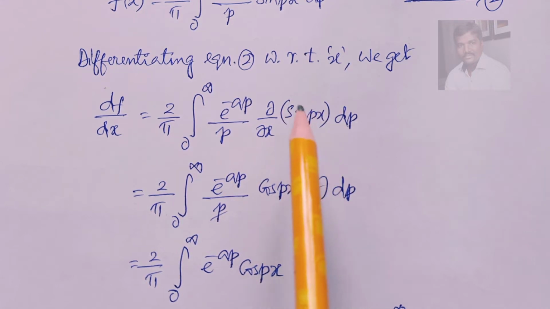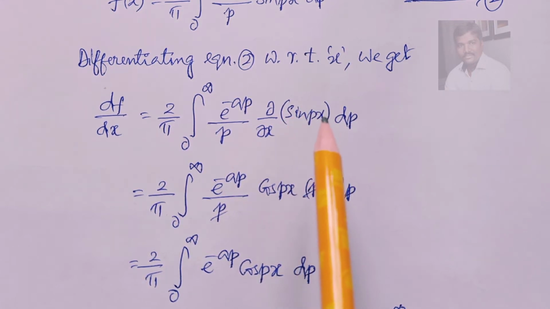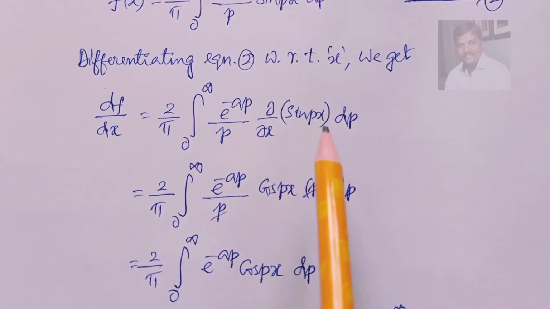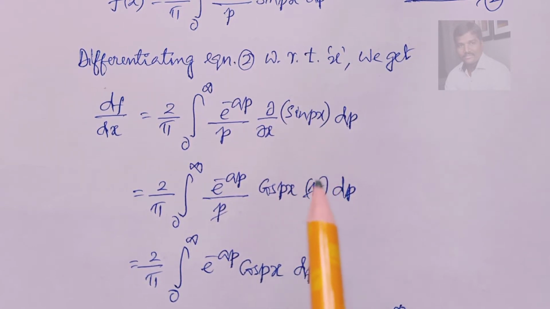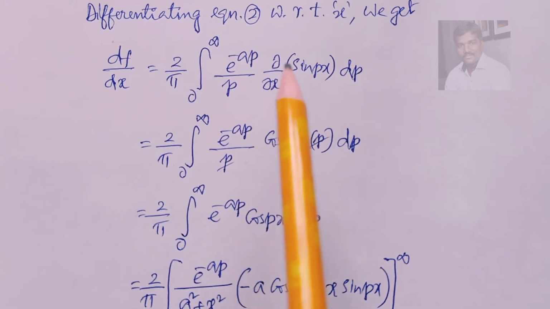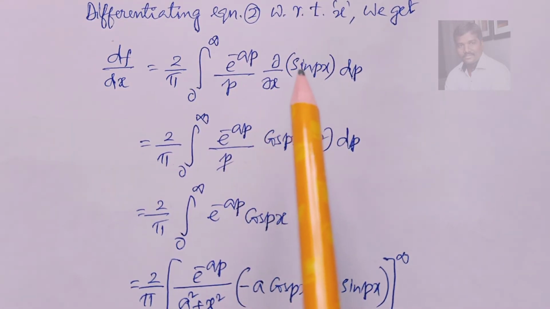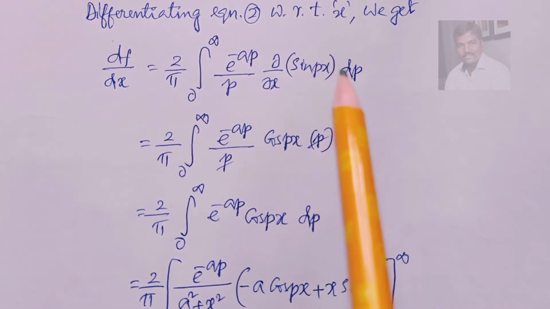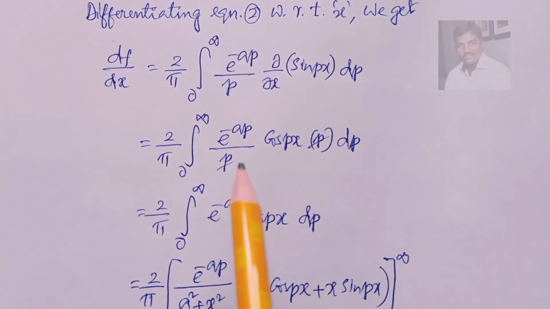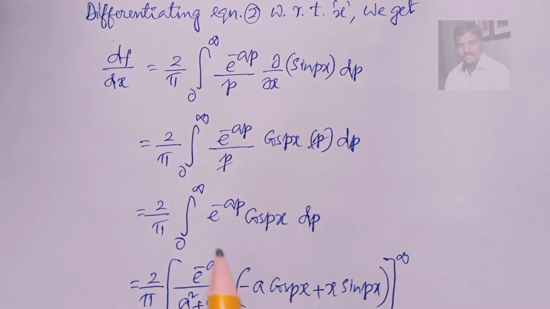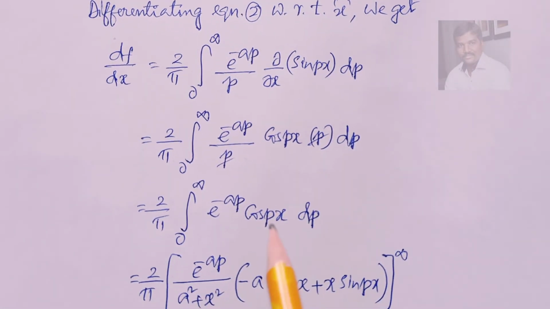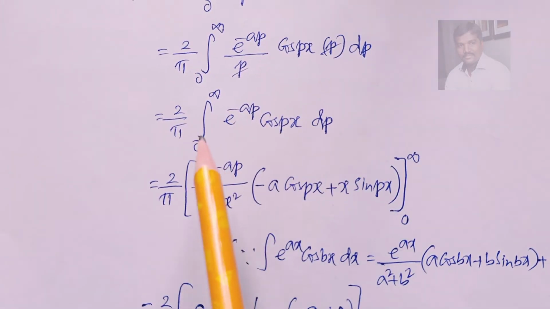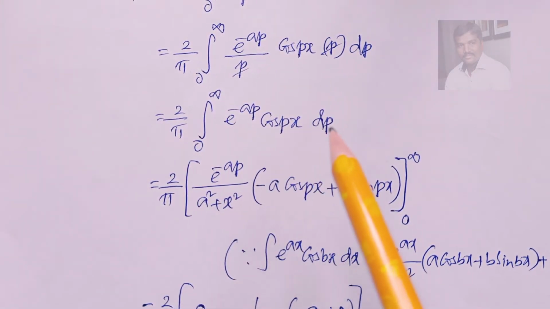The derivative of sine px with respect to x is cos px into p. So p gets cancelled, and now we have 2 by pi into integral 0 to infinity e power minus ap into cos px dp.